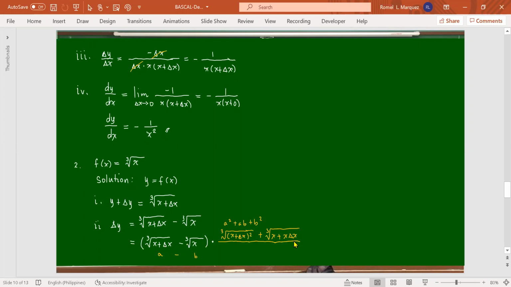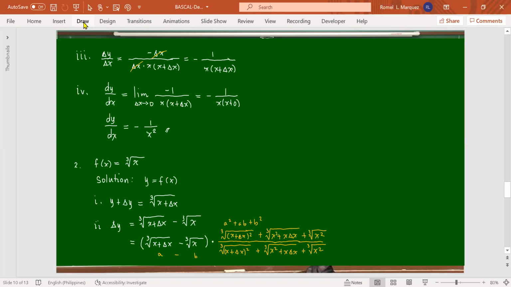Okay, guys? So we multiply x squared. Then plus the cube root of x squared. So we copy that, no? The cube root of x plus delta x quantity squared plus the cube root of x squared plus x delta x plus the cube root of x squared.